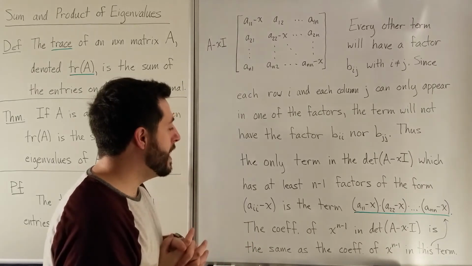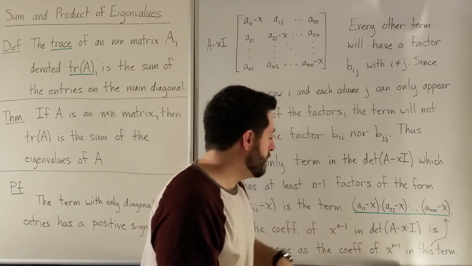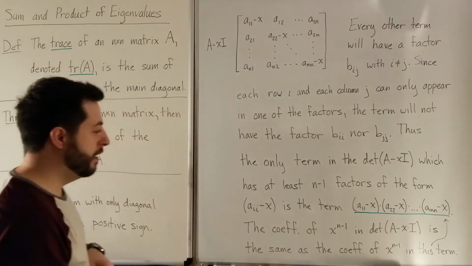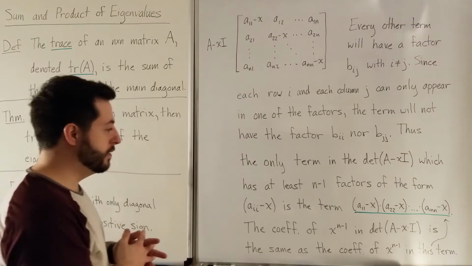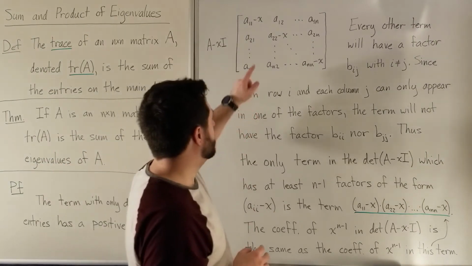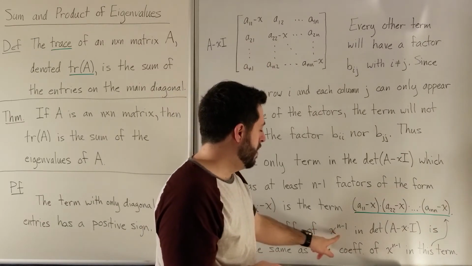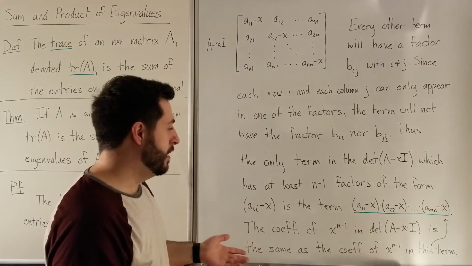So what we're going to be looking at now is the coefficient of x to the n minus 1 in the characteristic polynomial. The coefficient will turn out to be the trace, as we'll show in a second. And the idea is that the terms that have degree at most n minus 2 will not be contributing to the coefficient here, so we don't care about them.